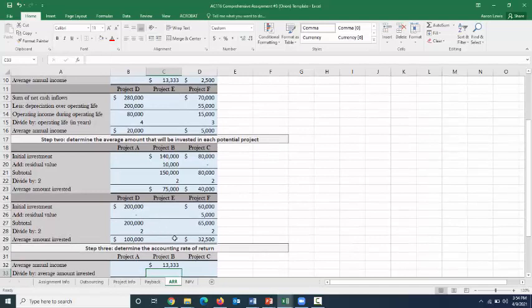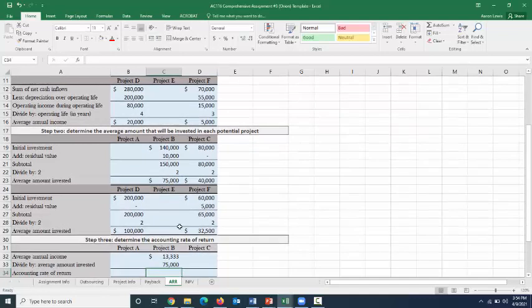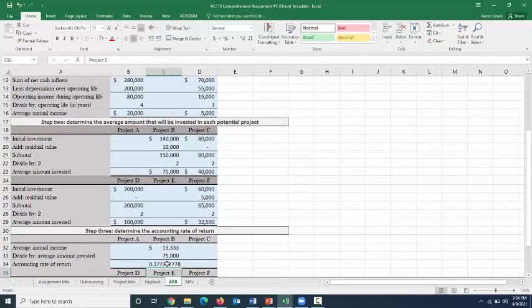Its average amount invested was $75,000. And if we divide 13,333 by 75,000, and hit the percentage button to turn this over and increase the decimal, we come up with 17.78% as our accounting rate of return on project B.